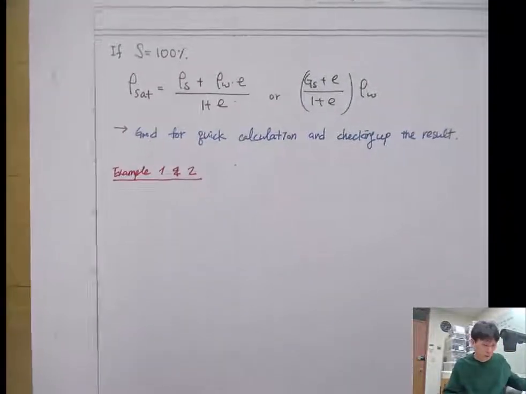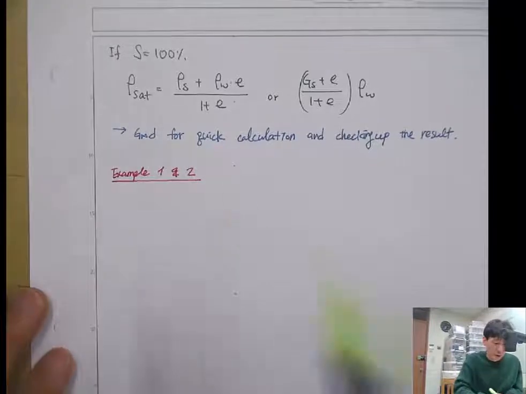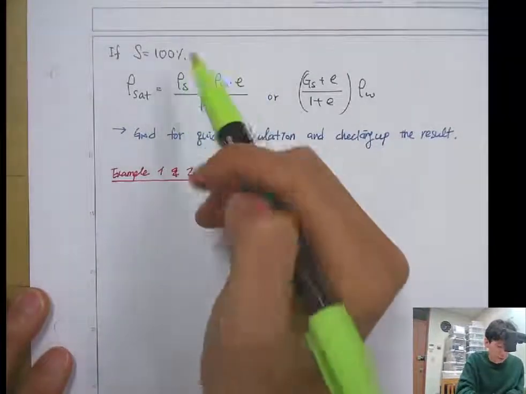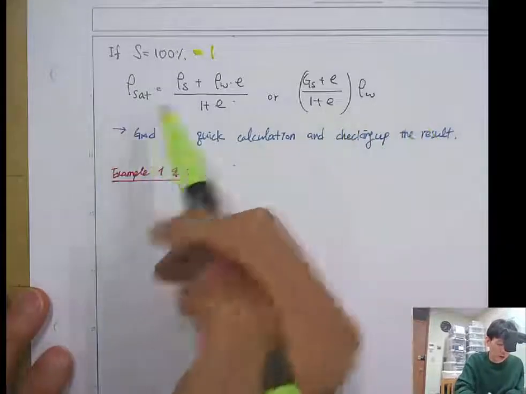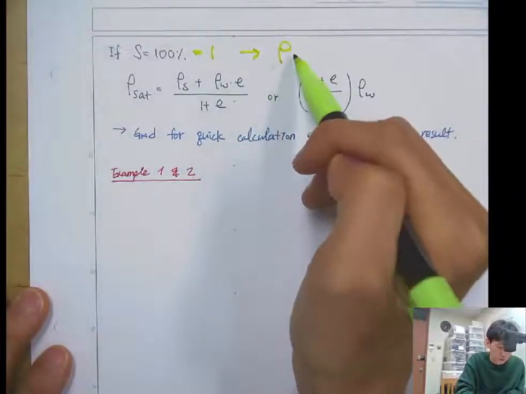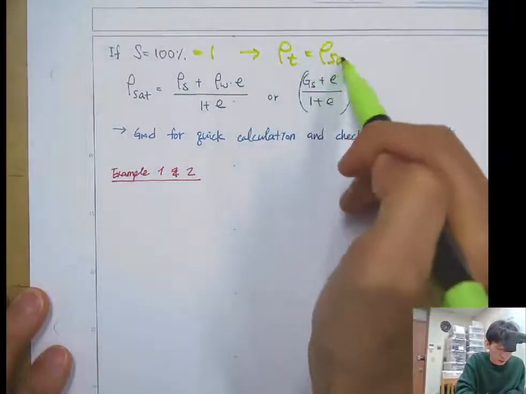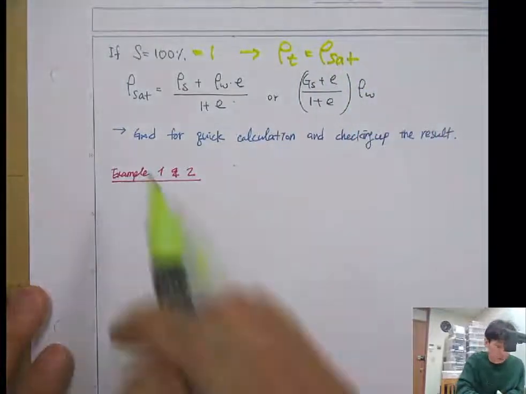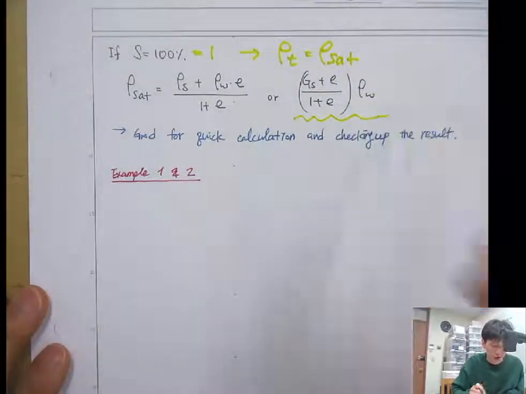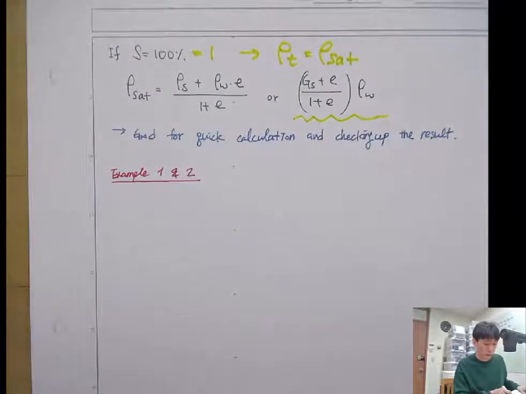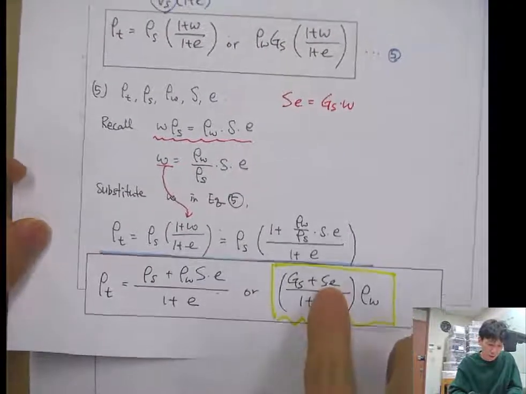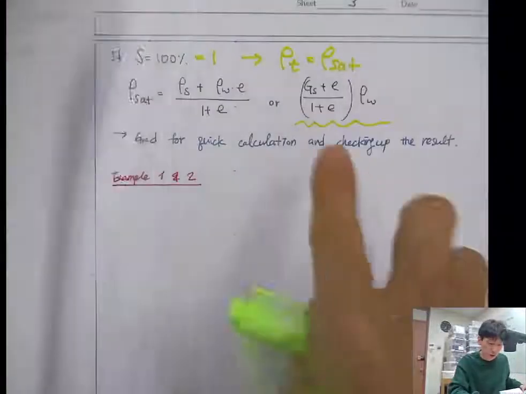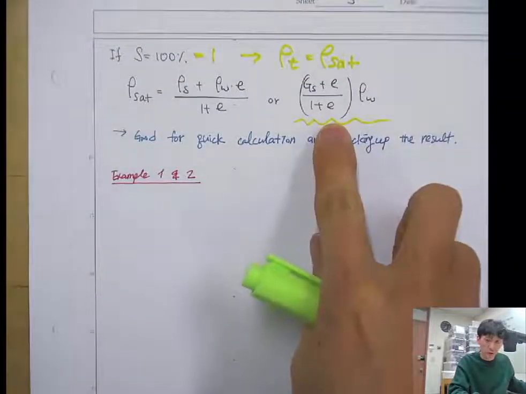And if the soil is fully saturated, then the degree of saturation will be 100%, so this becomes 1. So then the saturated density will be in this form. Comparing to this equation, this S becomes 1, so then it becomes this equation.